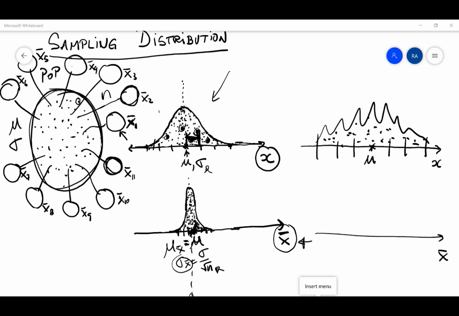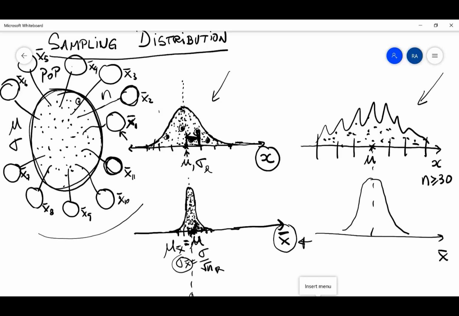The great discovery of the first statisticians is that no matter what the shape of the population is, when my sample size is bigger than 30, the distribution of all sample means follows a normal distribution.